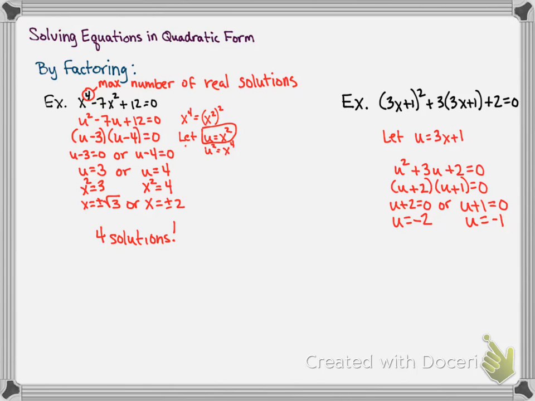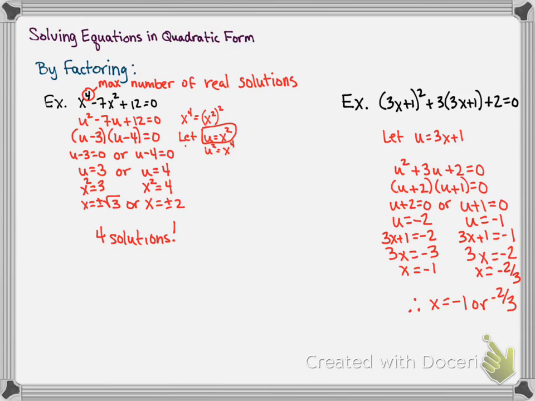So the first equation becomes 3x plus 1 equals negative 2, or 3x plus 1 equals negative 1. And now we need to solve both of these equations for x. 3x equals negative 3, or x equals negative 1. 3x equals negative 2, or x equals negative 2/3. So I have x equals negative 1, or negative 2/3.